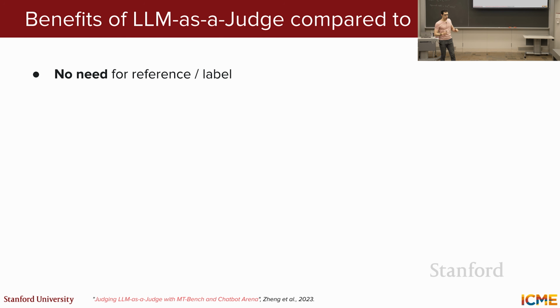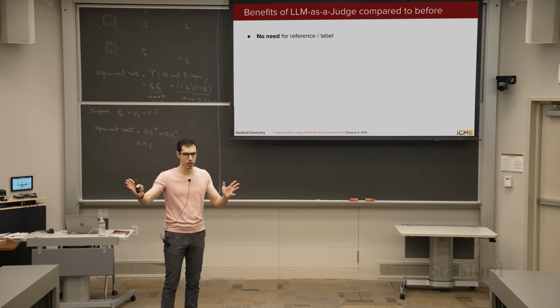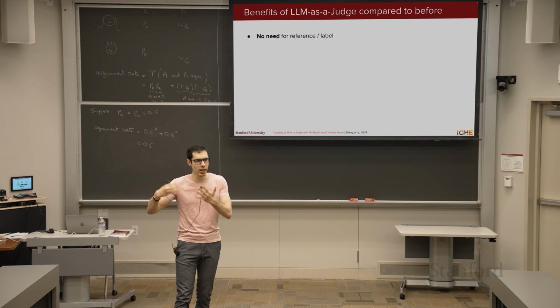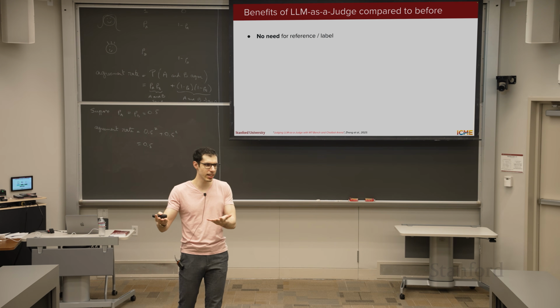OK, cool. Just to recap, our LLM-as-a-judge has two main benefits. The first is that we do not need a reference text. We do not need human ratings to get started, because our LLM already has a lot of knowledge acquired during pre-training, including human preferences.